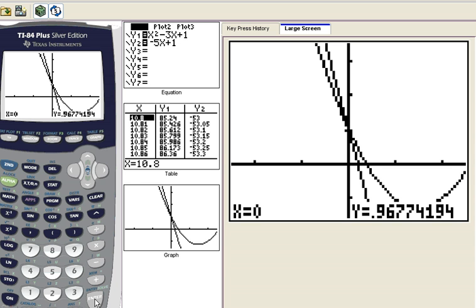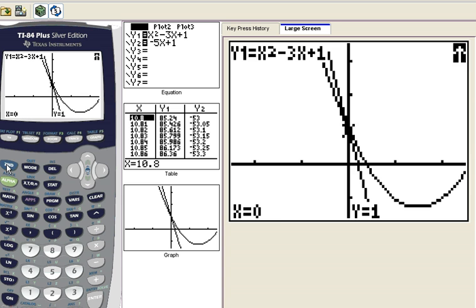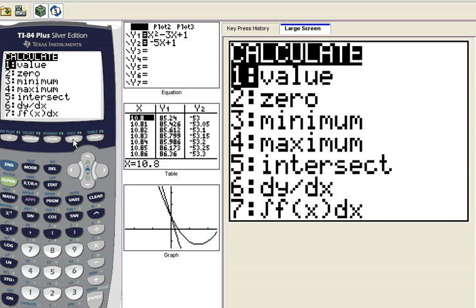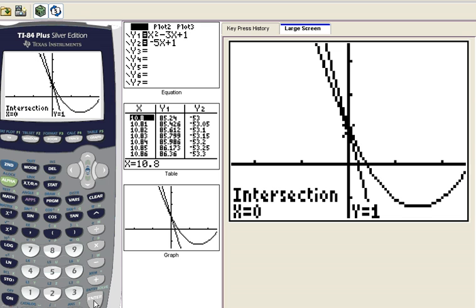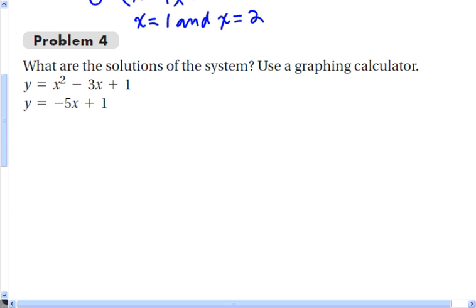And it looks like it just crosses in one place, at least in this area. So let's go ahead and find that. We're going to press second trace, intersect, enter, enter, enter. And it looks like the point (0, 1) is one solution here.